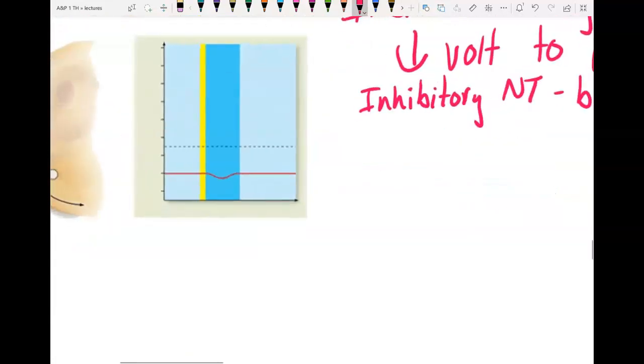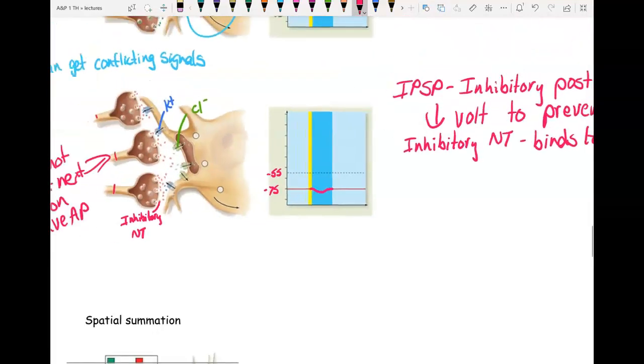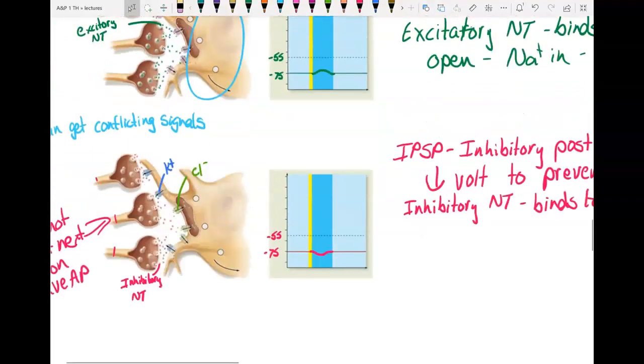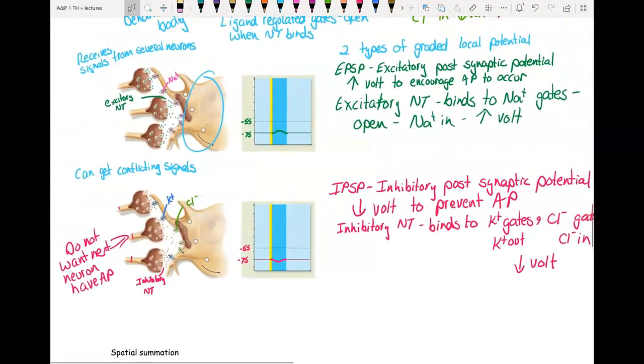And here you can see, here's our -75, here's our -55. It's a graded potential, so it's just a tiny little dip there in the voltage. But you're driving it away from having an action potential. So EPSP is telling the neuron, have an action potential, send this signal.